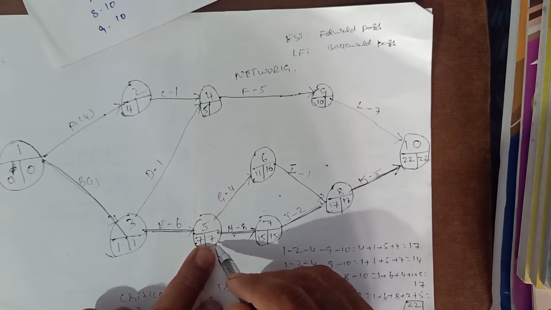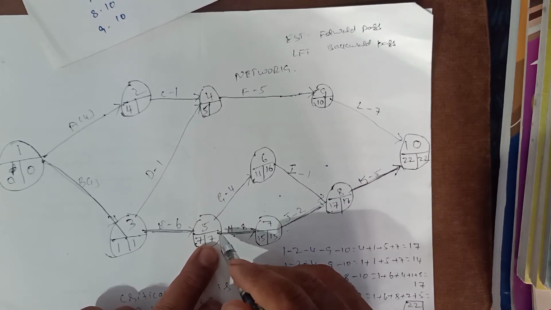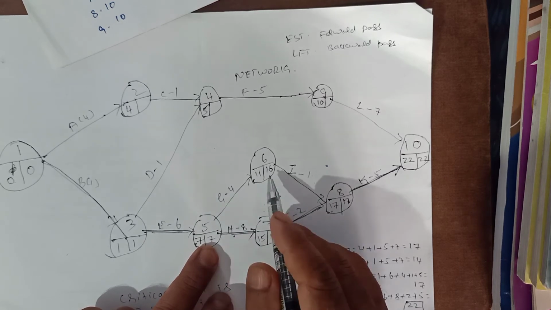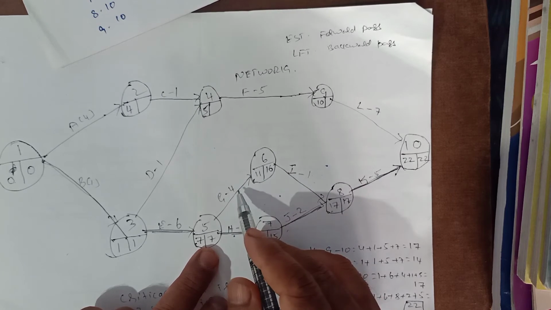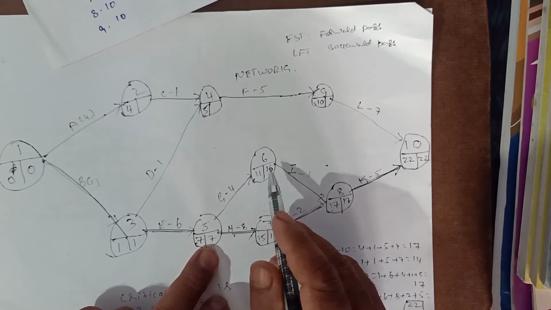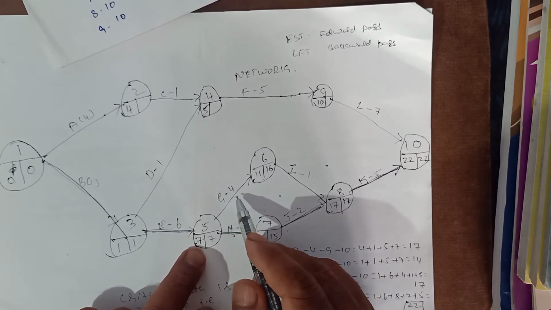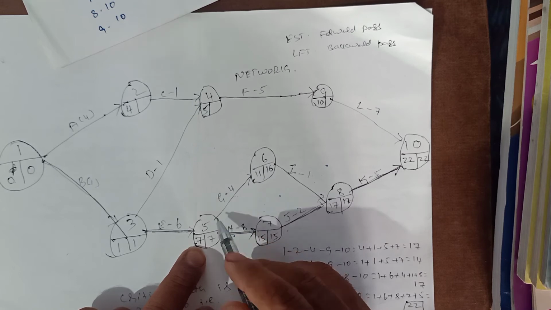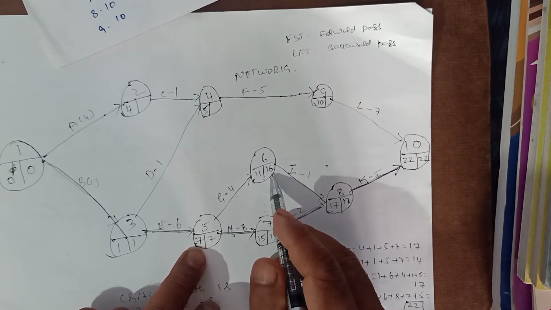This difference is called the float. That means we can start this activity on the 12th day also, instead of the 7th day, and still complete the project on time.